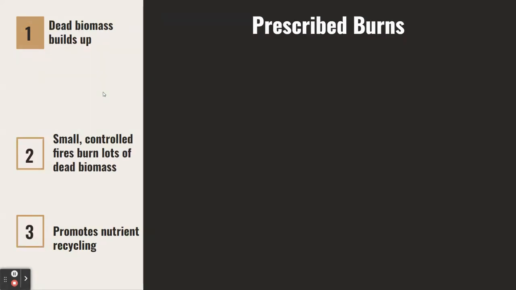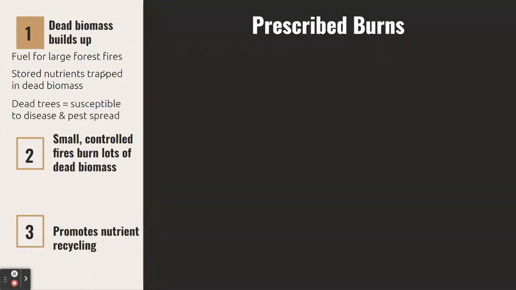So now one thing we are starting to see used a bit more is prescribed burns. Like we mentioned, dead biomass builds up in forests. This is fuel for really big forest fires, and it's not helping the forest out any because all those nutrients are trapped in that dead woody debris, and not getting added back to the soil.